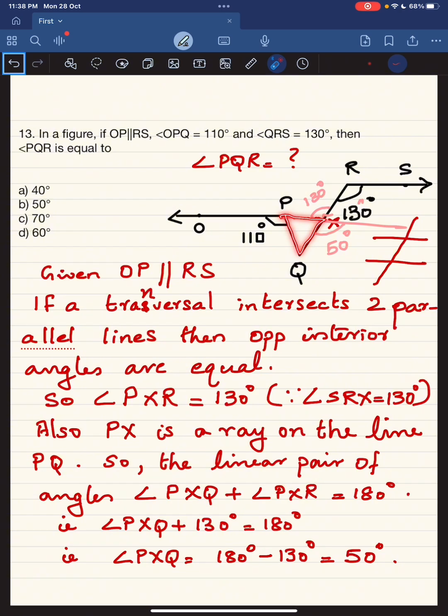This angle is an exterior angle of this triangle, correct? So angle OPQ is equal to 110 degrees. This is given.